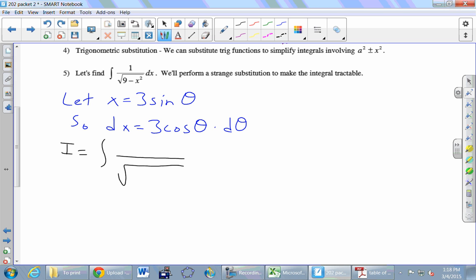Downstairs, square root of 9 minus, what do we have that's squared? 3 sine of theta. You'll see why. So that's the x. So we could just change it to 3 sine of theta. And I see a 1 on the top, and I also see a dx. So what do we put there? It's 3 cosine theta d theta.